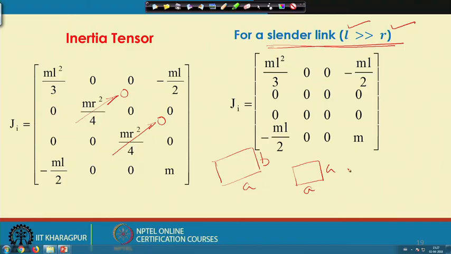The cross section is going to vary. So, determining this inertia tensor is not so easy. The same is true for the actual robotic link. In an actual robotic link, generally we do not consider the link with constant cross section, and the cross section is going to vary along the length.